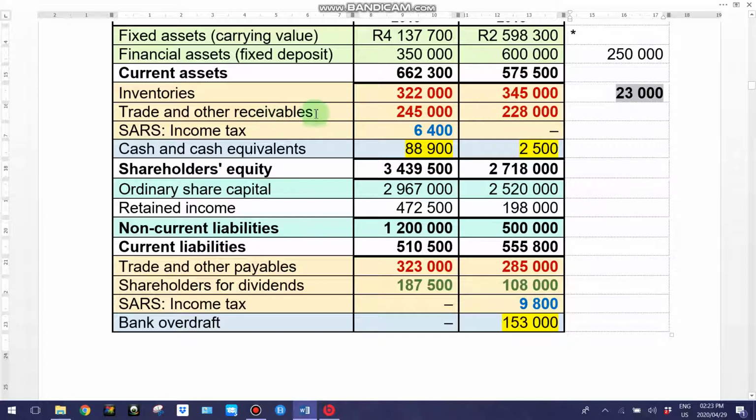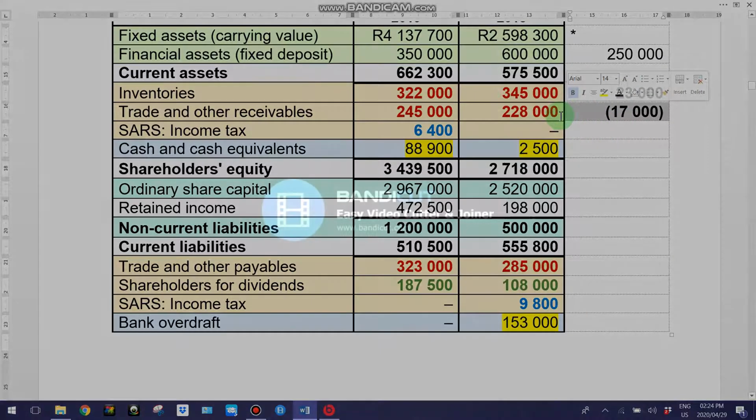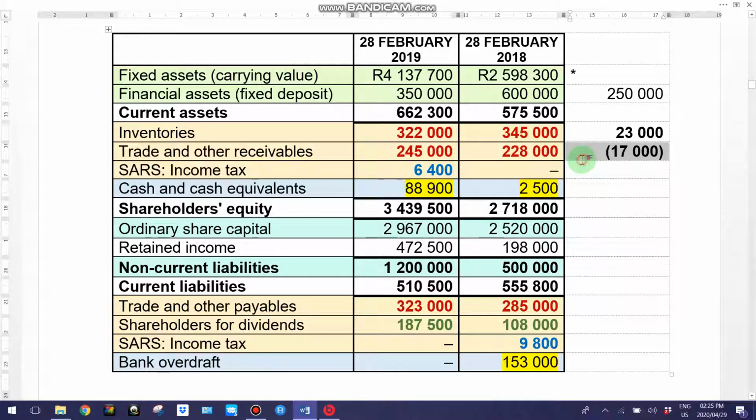Trade and other receivables, or debtors, was 228,000 and it's now 245,000, so it went up. Debtors increased. Looking at your opening balance and your closing balance, you see your debtors have increased from one year to the next, and that would represent an outflow of cash.